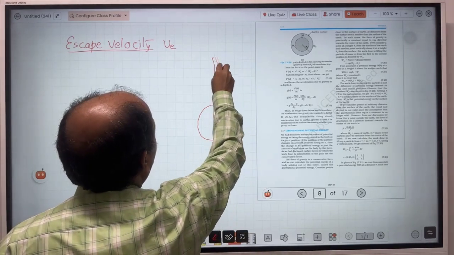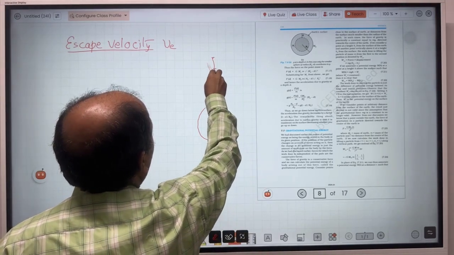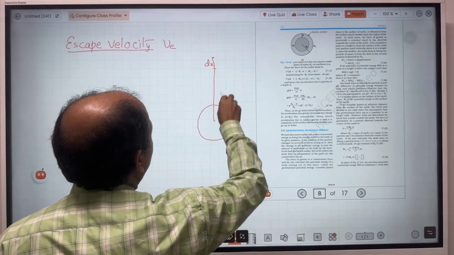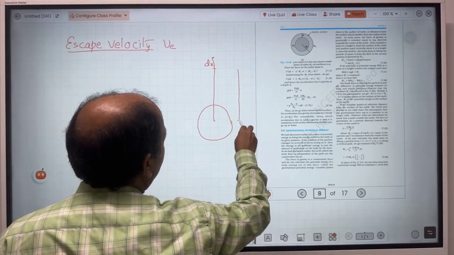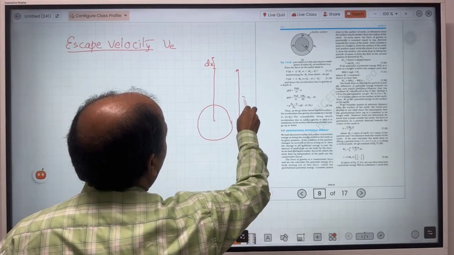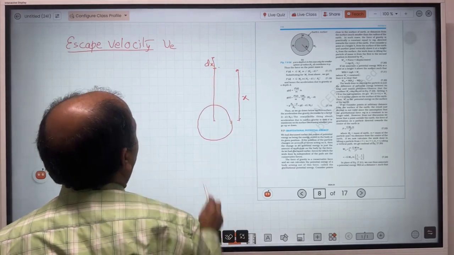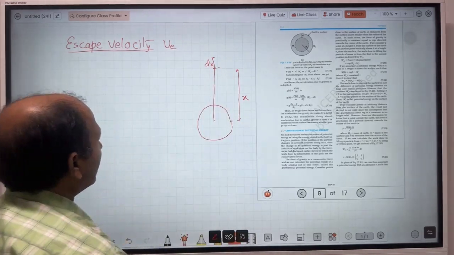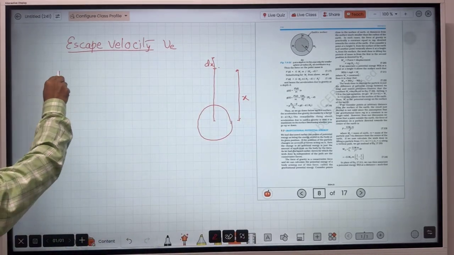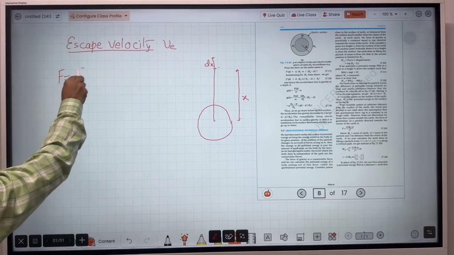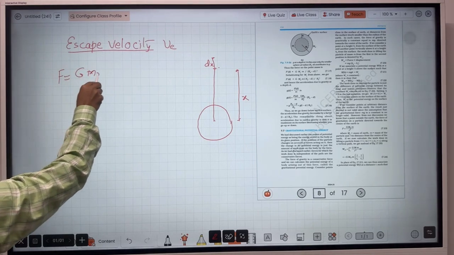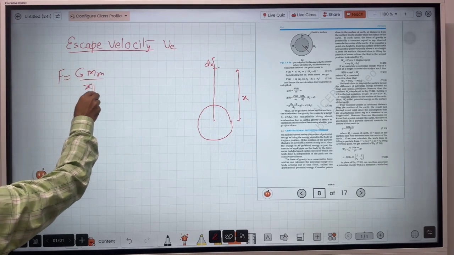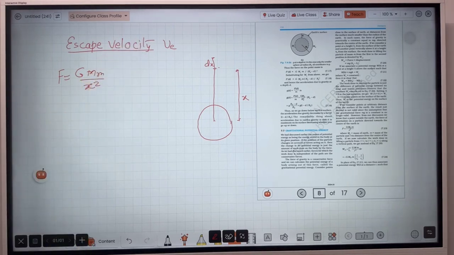We take some points, then calculate work done. Suppose this distance is x, and suppose the body is here and its mass is m. In that case, what will be the force? The force will be GMm divided by x square. Now the body is moved through a certain distance, so some work will be done.